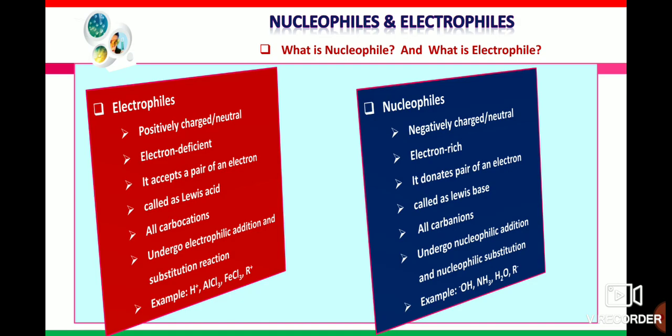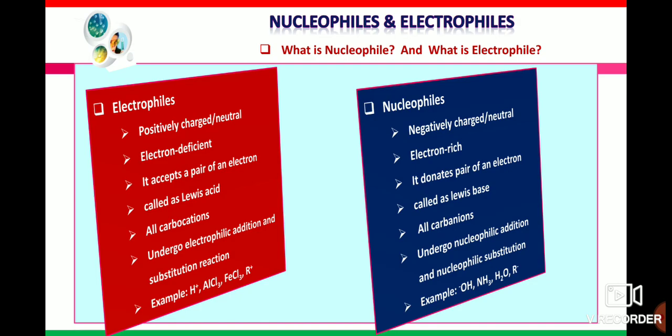Nucleophiles are electron rich. They can donate the electron pair and make a covalent bond. All Lewis bases and carbanions are nucleophilic in nature. Nucleophiles undergo nucleophilic addition and nucleophilic substitution reactions.